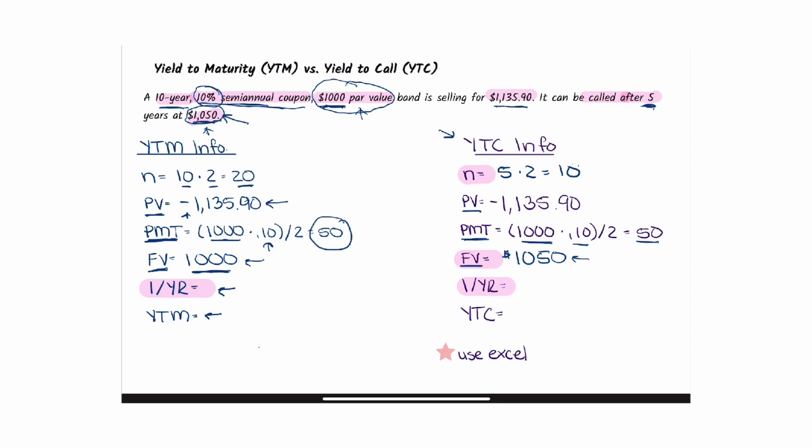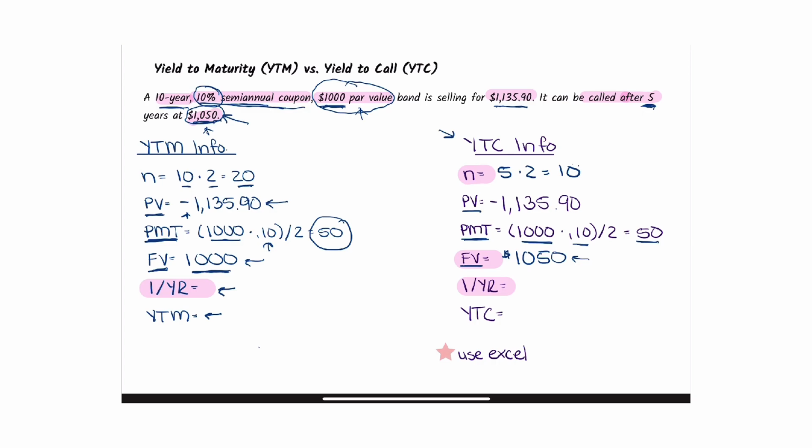So notice how the only things that have changed when comparing yield to maturity to yield to call, what changes is the number of compounding periods, because it's not being held as long, and the face value or future value of the bond. So what we would get in the future at the end.